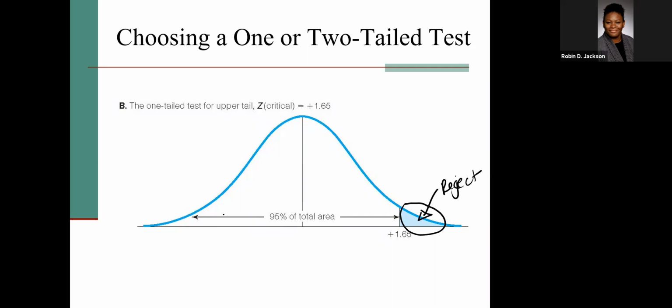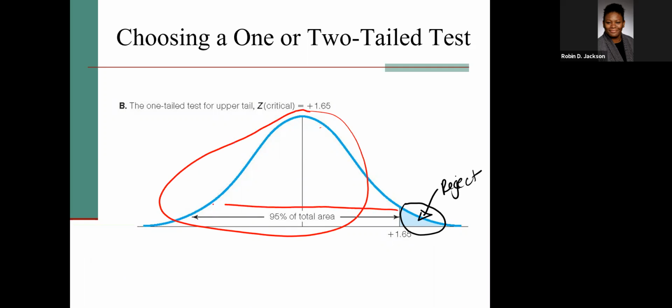Okay. If your Z obtained falls anywhere over here, so if it falls in anything going in this direction, you accept the null.